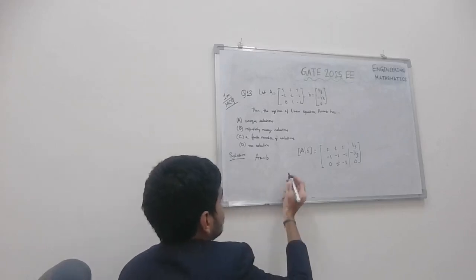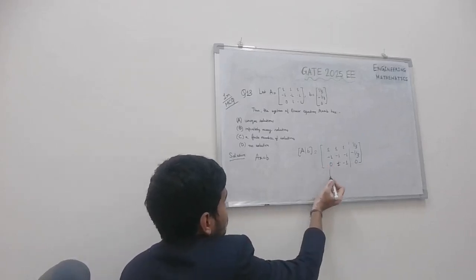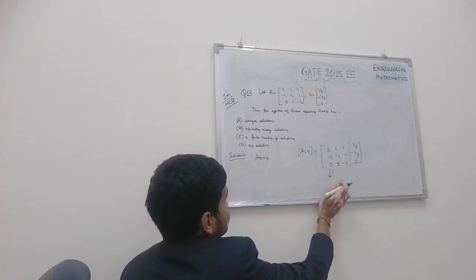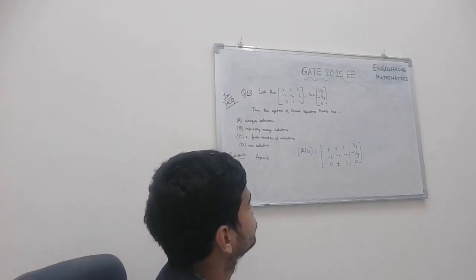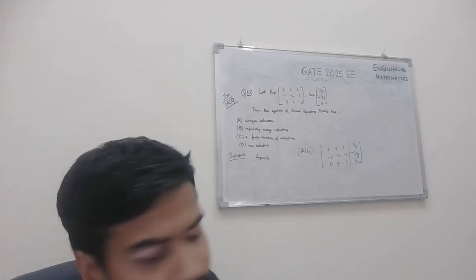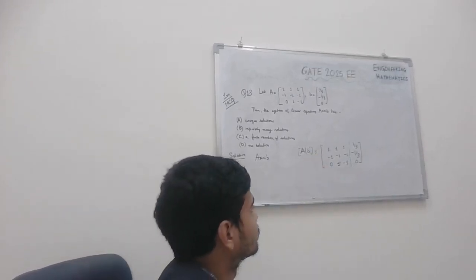Now apply the row operation: we add row 2 with row 1.